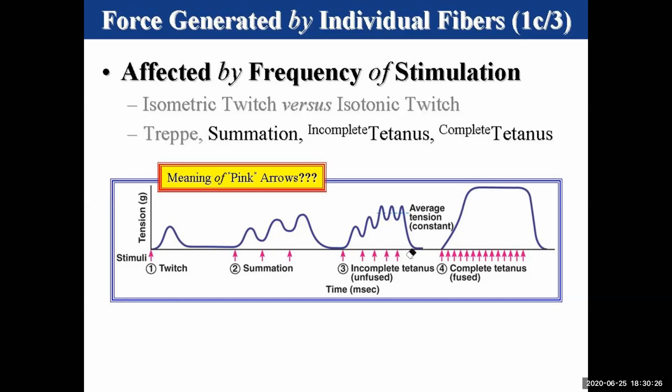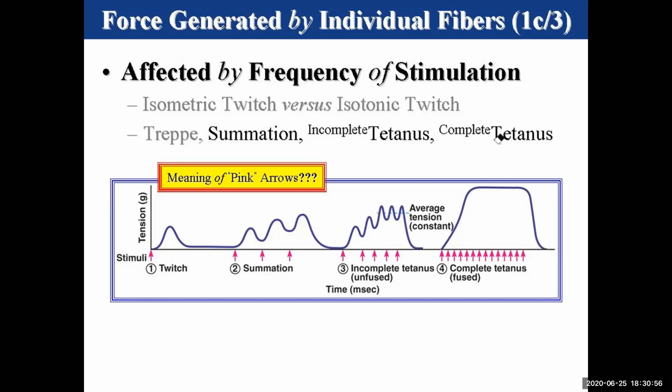This has nothing to do with tetanus as a condition. When you take microbiology, you're going to be taught about this. This has nothing to do with the pathogen causing tetanus. So incomplete tetanus would give you shaky, really shaky movement, like if you try to break dance, that would be generated by, in this case, voluntarily generating incomplete tetanus.